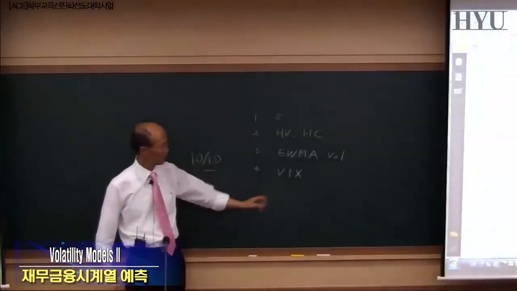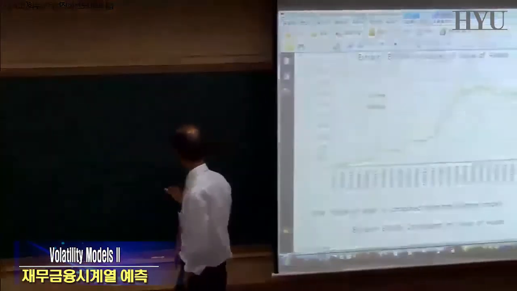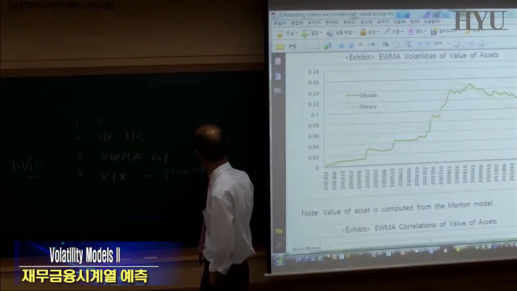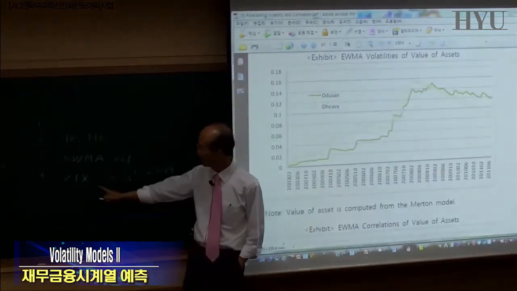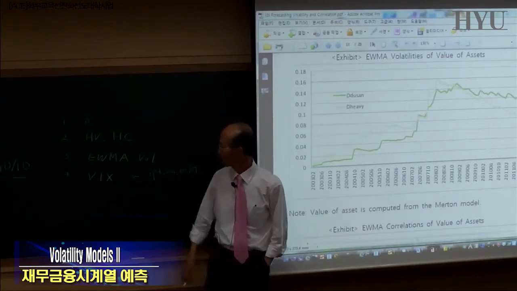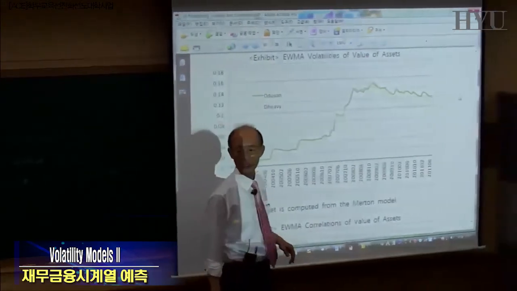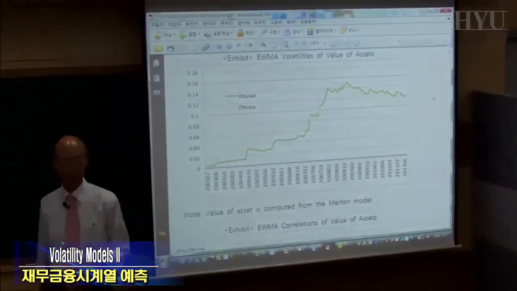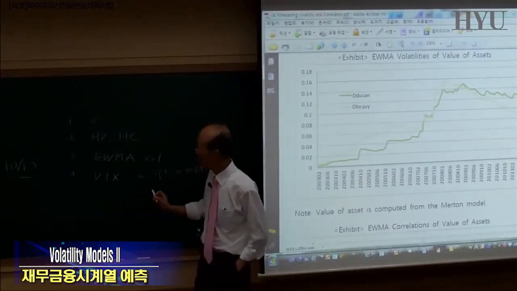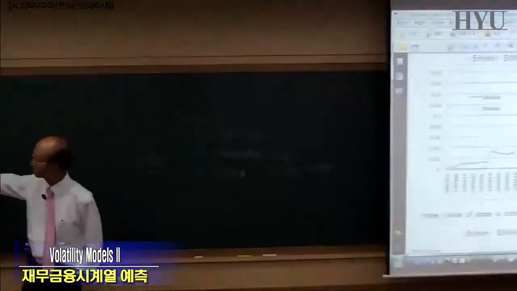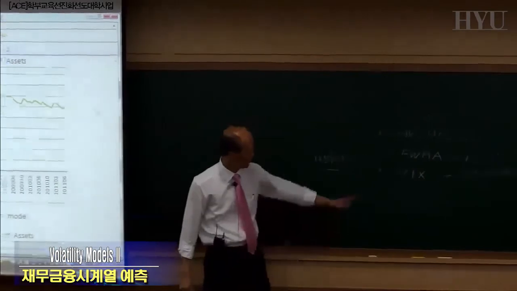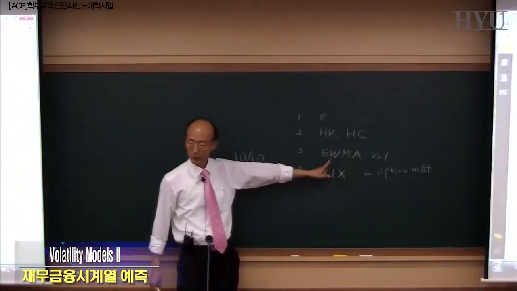So these figures, information from the option market, is processed to compile this one, and this is reported by Korea Exchange or Chicago Board Options Exchange, CBOE. The one you're looking at here is a typical volatility measure using this one. Okay.